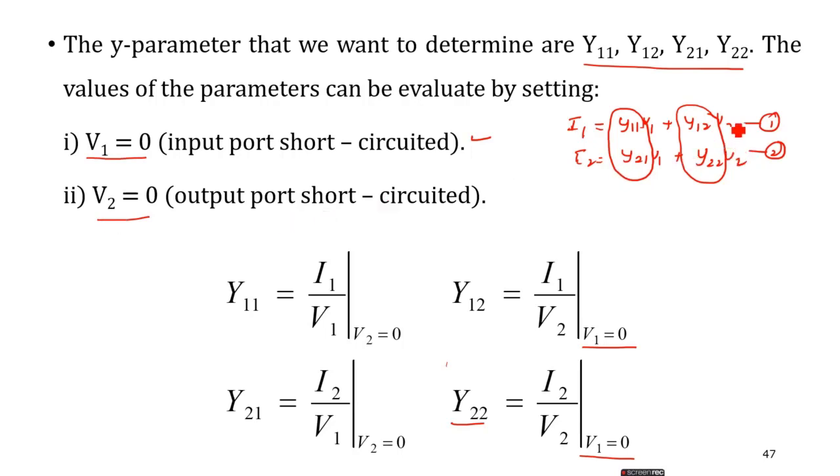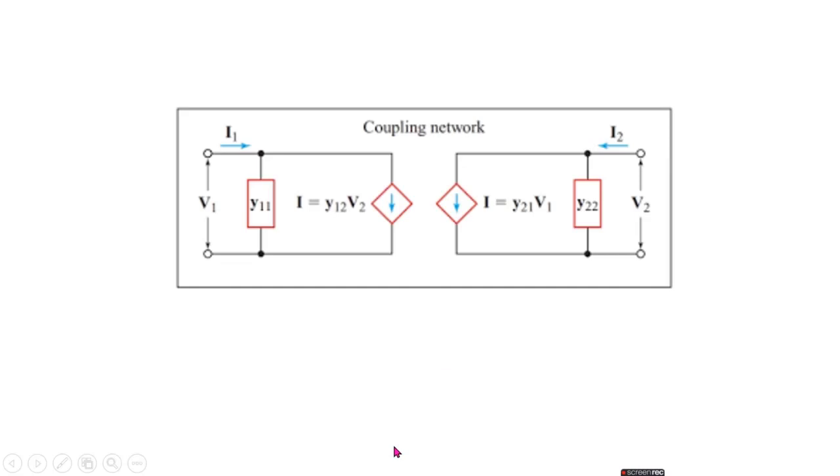If V2 is 0, these two terms will be 0. We will get the Y11 and Y21 expressions. So the expression for Y11 is I1 divided by V1, but the condition is V2 is 0. The expression for Y21 equals I2 divided by V1, the condition is V2 is 0.